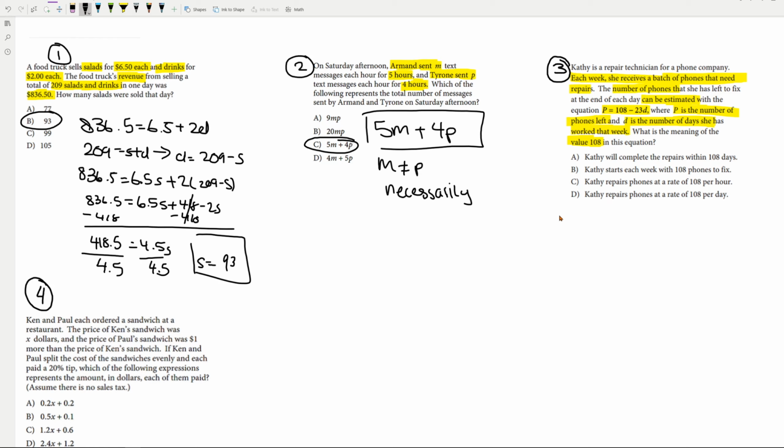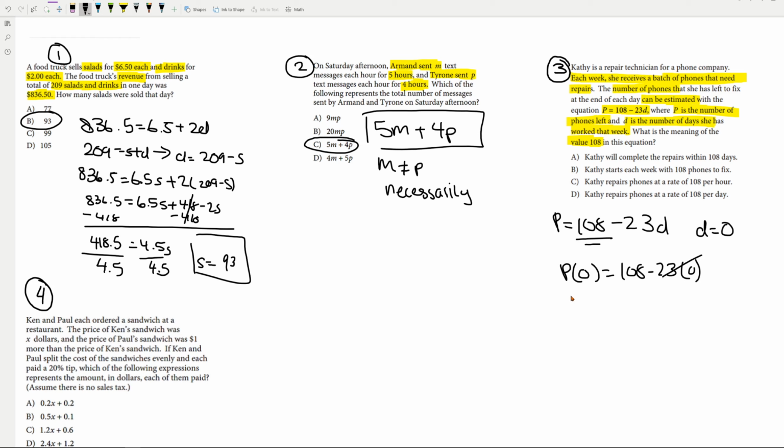So in order to isolate 108 by itself, we need to remove that minus 23D term. And the way that we could do that is just plug in 0. So when you plug in 0 for D, that actually represents Kathy working 0 days. So if she worked 0 days, then we can infer that at the beginning of the week, she has that many phones to start with.